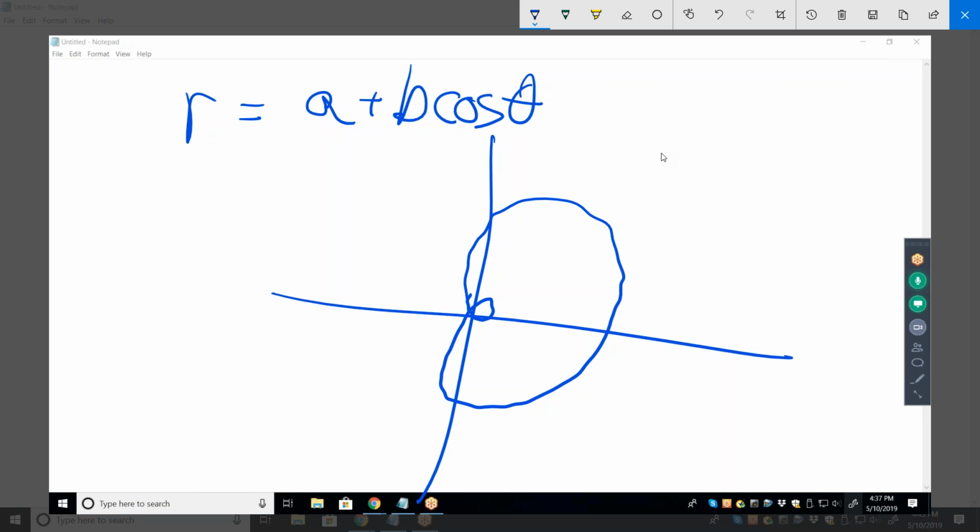And this is the general format for a limacon. The only difference between a limacon and a cardioid is that the limacon has an inner loop.